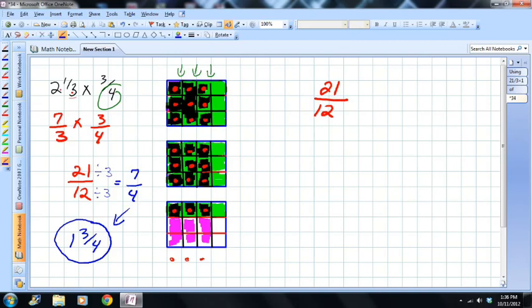Now let's go back and see if we can fill up some of these empty blocks like we did in the last few examples. Now notice here we have 3 empty blocks in this first rectangle.